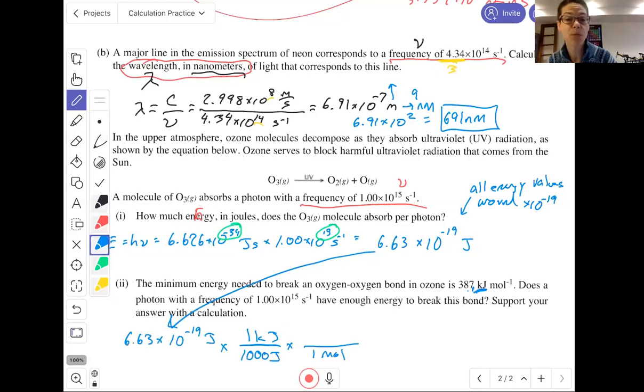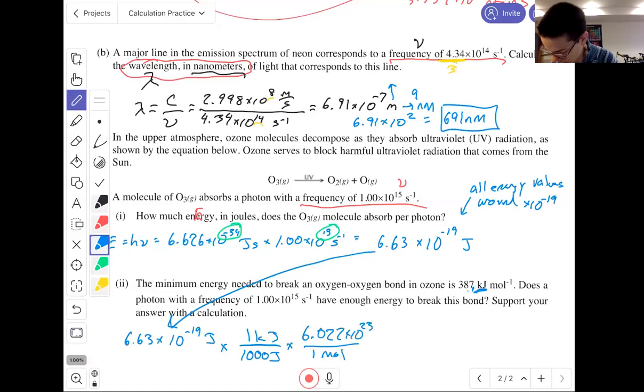So what number am I going to stick in the numerator here if I'm talking about 1 mole? We did it on the front side in one problem. Avogadro's number, 6.022 times 10 to the 23rd, because this number is for a single photon.